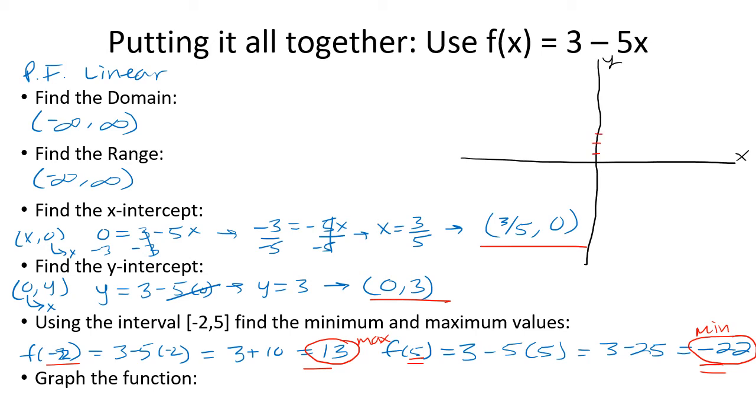There's my y. And I know that my x-intercept is not quite as big as 1. So I'm going to count by 1s here. So this is 1, this is 2. And now I can graph 3/5.